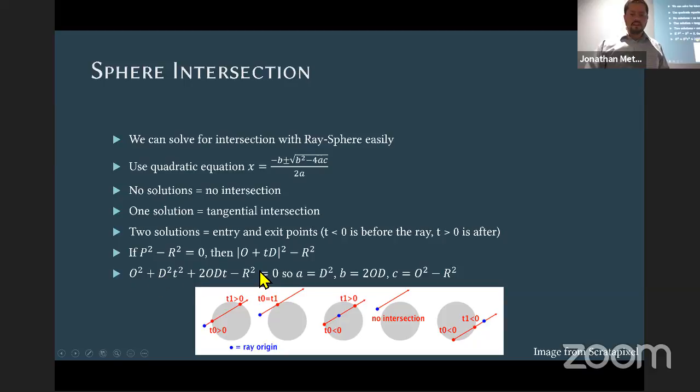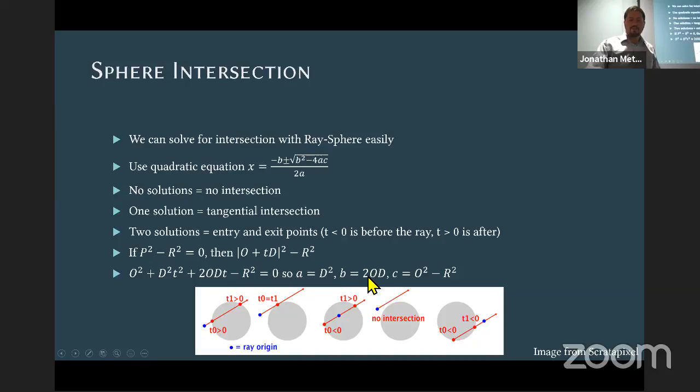What we can do is map this to the quadratic equation, because we have Ax squared plus Bx plus C equals 0. That's our quadratic equation, and we have that constant at the end. In this case, A equals D squared, which is basically the Ax squared term, so there's At squared.